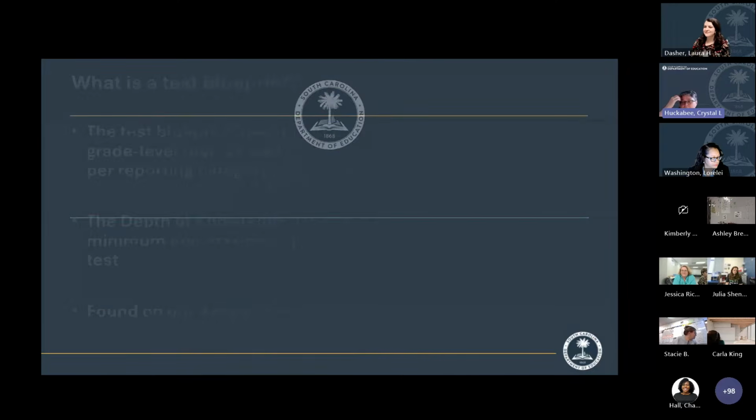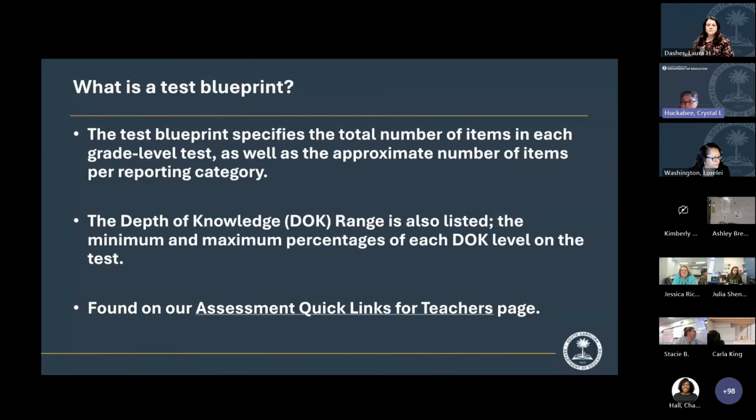Okay, so to start with, we're going to look at the SC Ready Math Blueprints. So what is a test blueprint? Blueprints are very essential and important because they specify not only the total number of items in each grade level test, but also the approximate number of items that students can expect to see per reporting category.